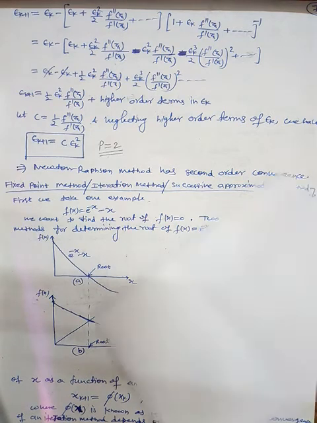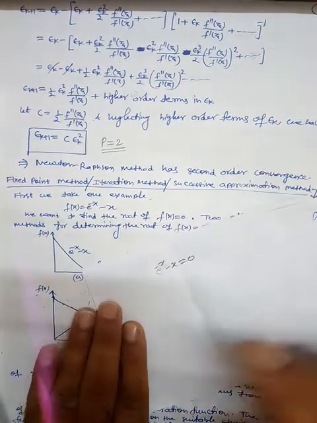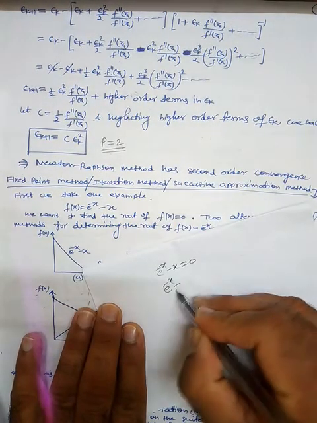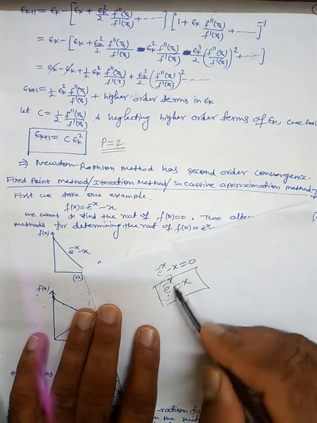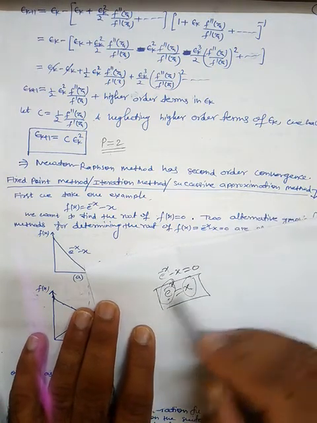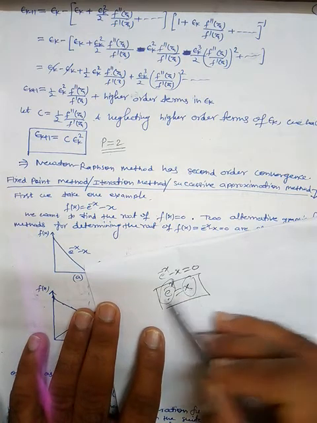That means there are basically two curves, one is this, another one is this, and they are the same. That means find the intersection point of these two.